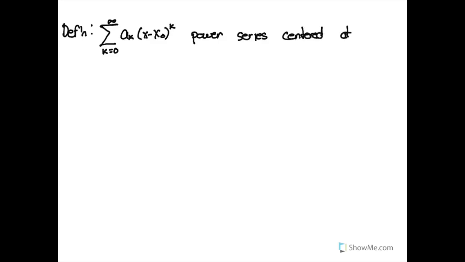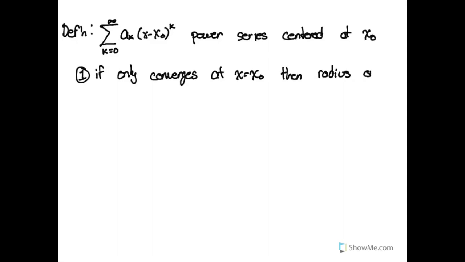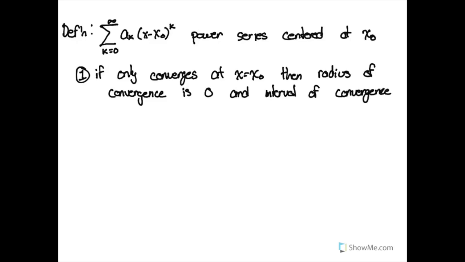Then one, if it only converges at x equals x naught, then the radius of convergence is 0, and the interval of convergence is just the single point x naught.